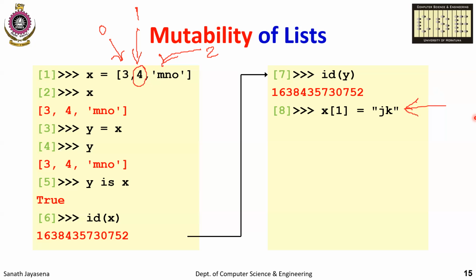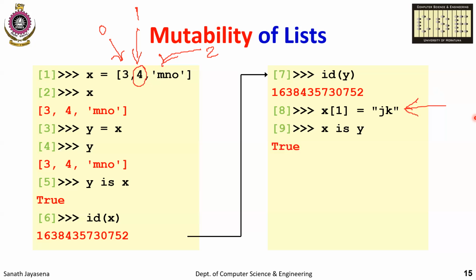Now, with the list, we try this. What do we get? Well, it didn't complain. Okay, didn't complain. So does it mean that it accepted? Well, we can find out. First thing is we are checking whether X is still Y. X and Y are the same. Yes, it says true.